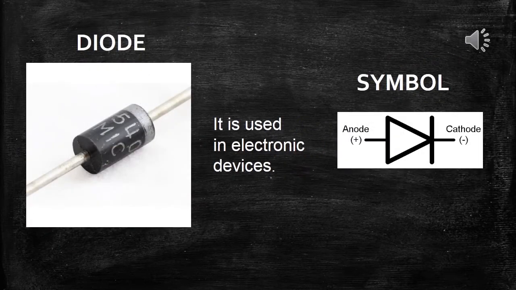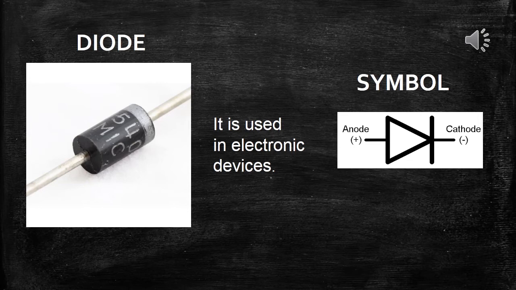Another important device is diode. The diode is one of the semiconductor devices used in electronic devices, in radios, TV, in all electrical and electronic systems. This diode is used as one of the components. It has got two ends.